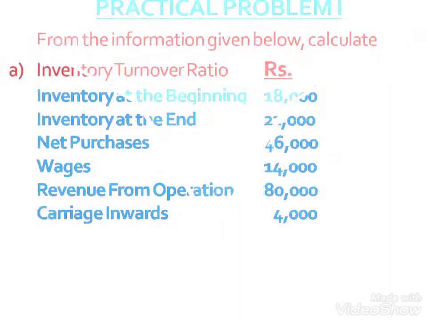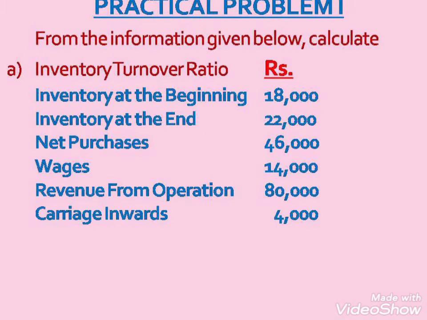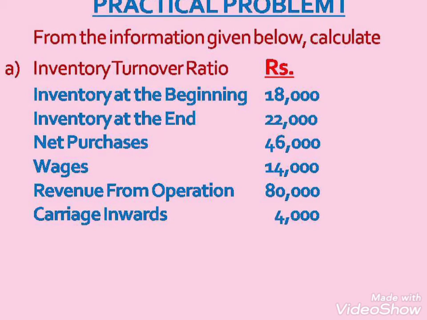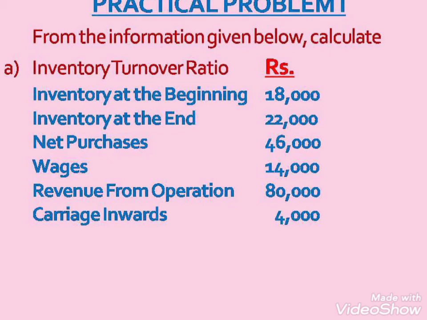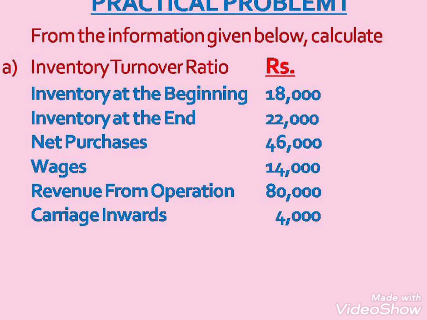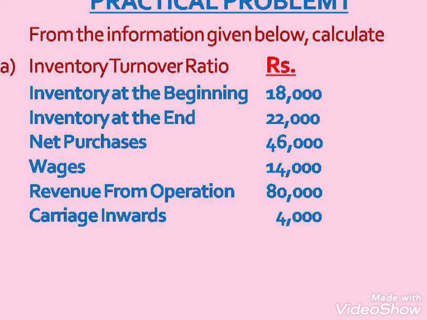In practical problem 1, the information is given: inventory at the beginning of the year, inventory at the end of the year, net purchases, wages, revenue from operations, and carriage inwards. On the basis of this information, we have to calculate inventory turnover ratio.